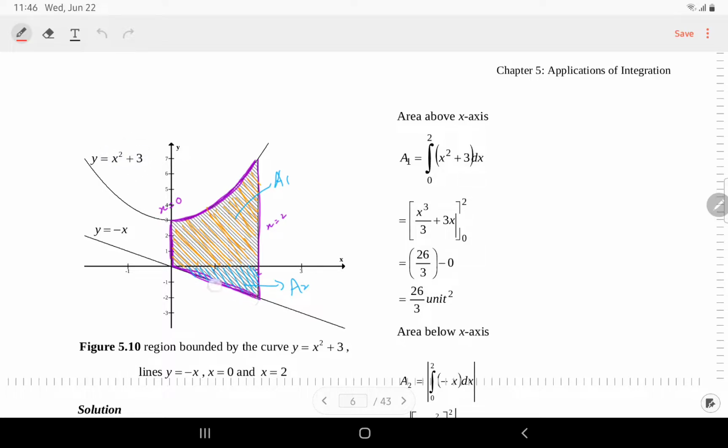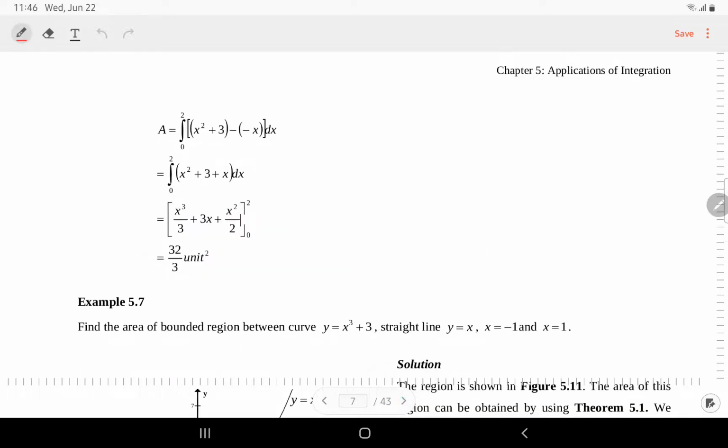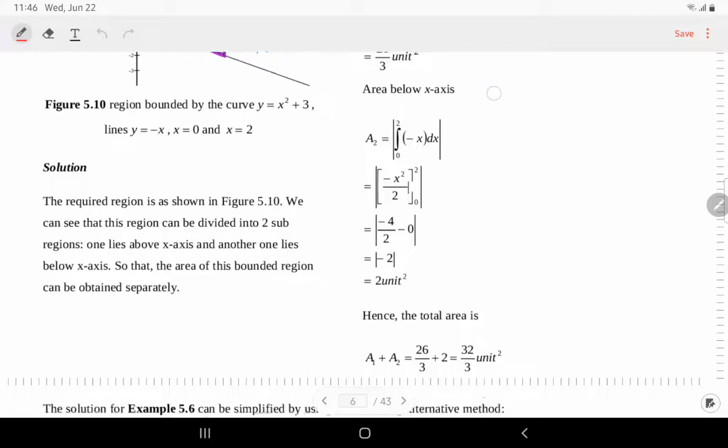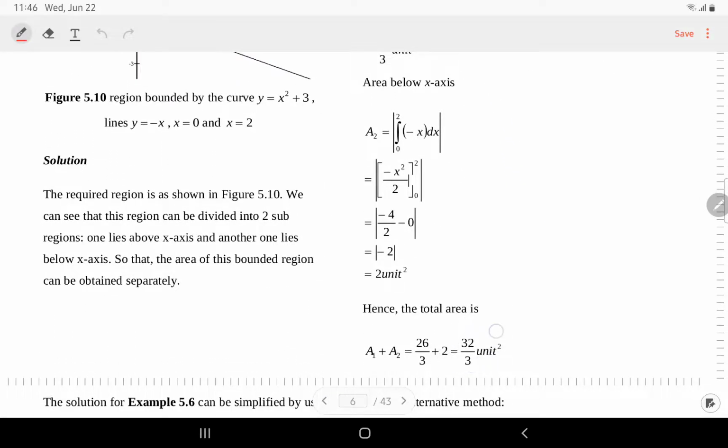Graph yang bawah adalah yang ni lah, function dia negative x. So, yang ni tolak yang ni. Jangan terbalik. So, x square plus 3 minus negative x. So kita integrate dia terus dapat 32 over 3. Sama solution macam yang ni tadi.